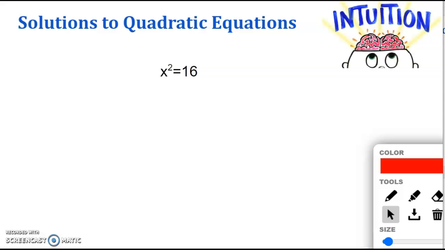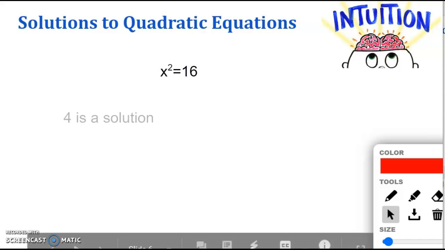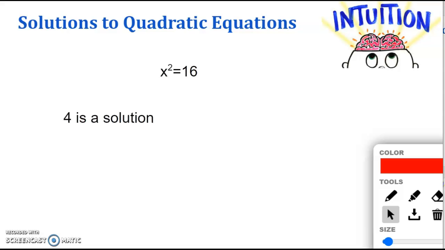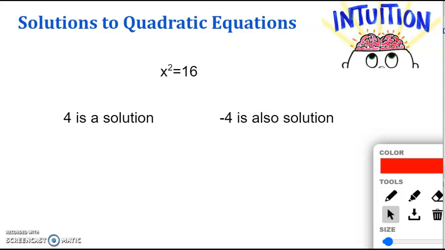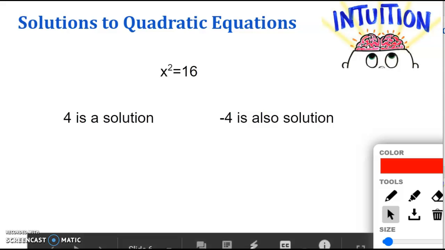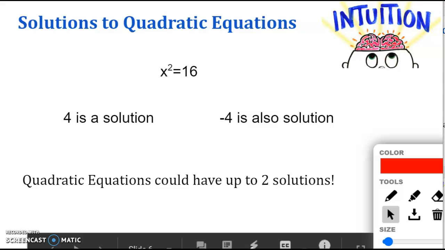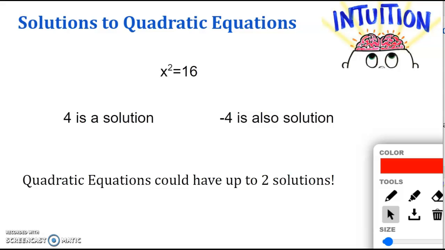What could the value of x be? Yes, 4 squared is 16, so 4 is certainly a solution, but there is another solution, isn't there? Negative 4 is also a solution because negative 4 times negative 4 is also 16. So a quadratic equation could have up to 2 solutions. That means you could have 2 solutions, or you could just have 1 solution, or 0 solutions.